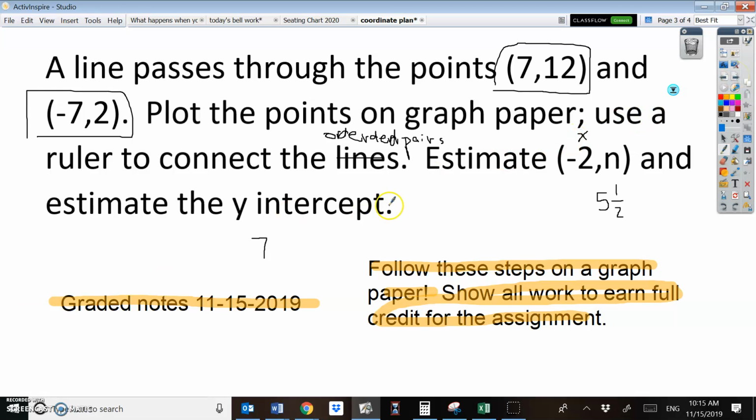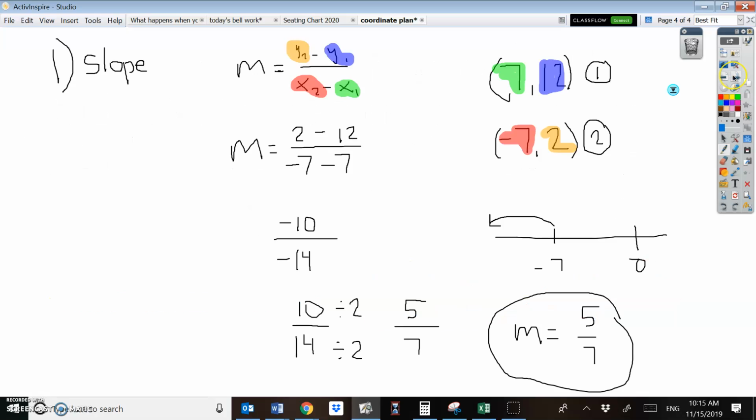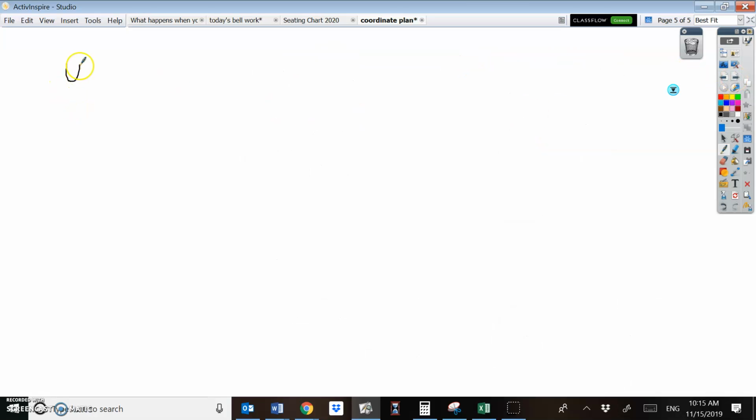Now let's continue this work by using our slope and using this first ordered pair. This is slope-intercept form, where the slope is m, b is the y-intercept.